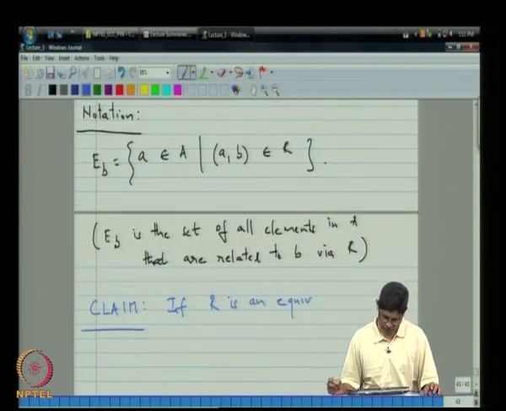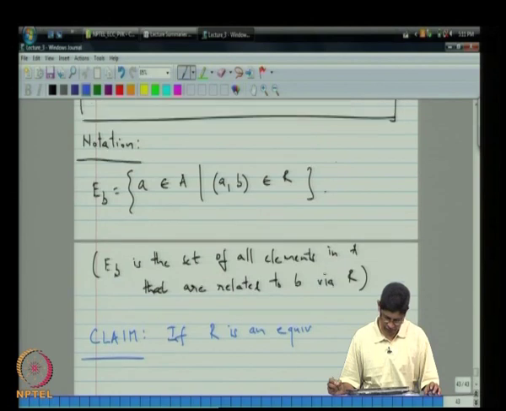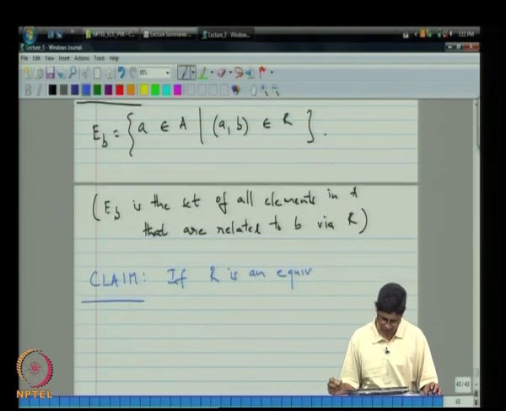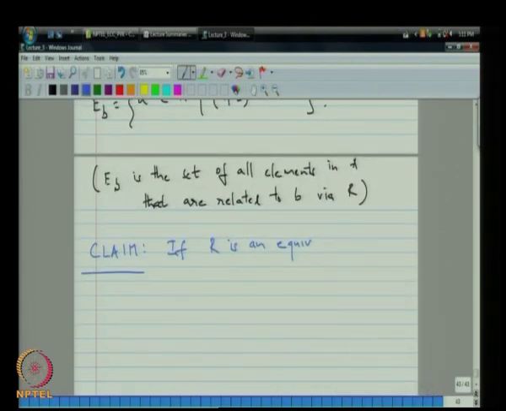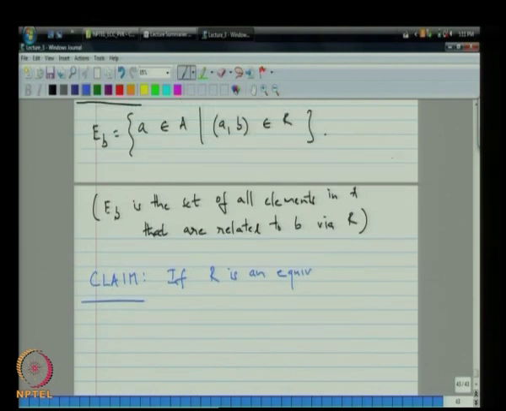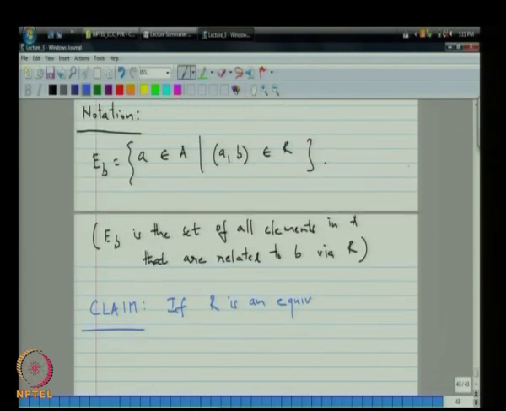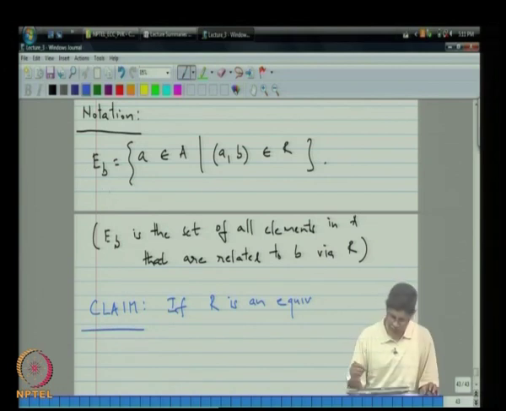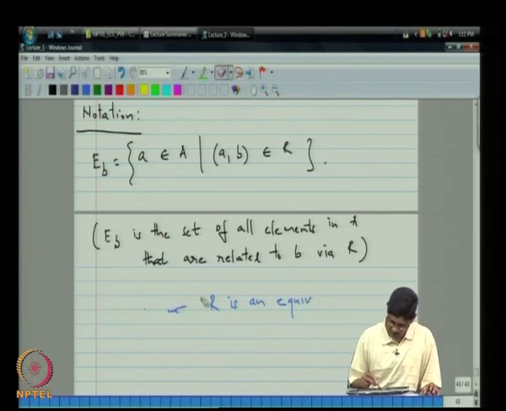Let me just backtrack. I think I went ahead of myself here. Before I can make this claim, I was going to make a claim about a property of these sets E sub b, but I need to introduce another notion first. So, let me just erase this, we will backtrack, we will come back to this point.